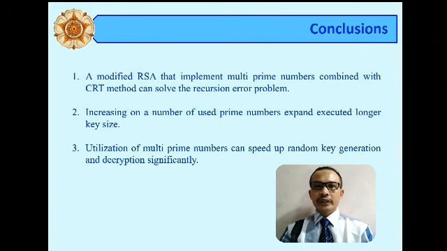The second, increasing the number of prime numbers used expands the executable case sizes. And the third, utilization of multi-prime numbers can speed up random key generation and decryption processing very significantly.